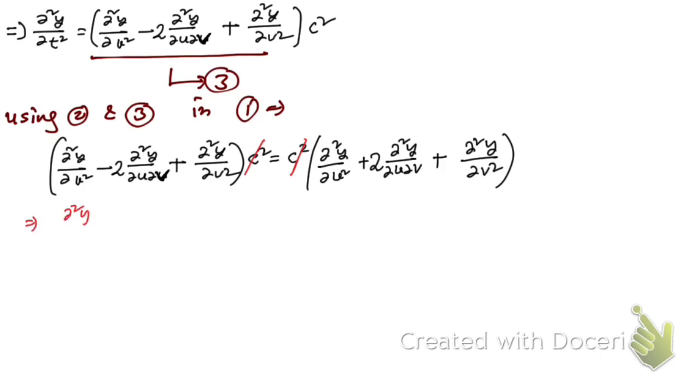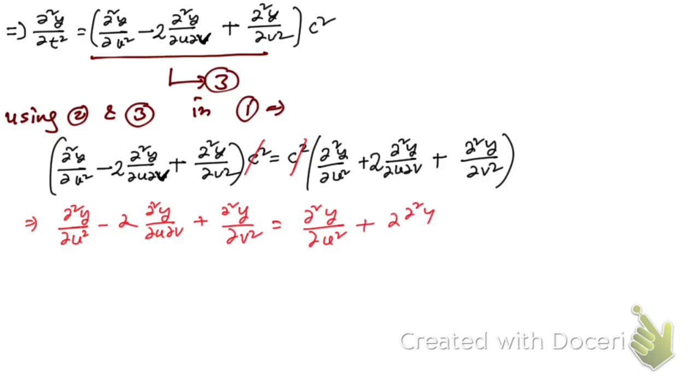So after simplification, what you're going to have, just give me a second. Okay, so this is the result we're going to have. This is supposed to be 2.